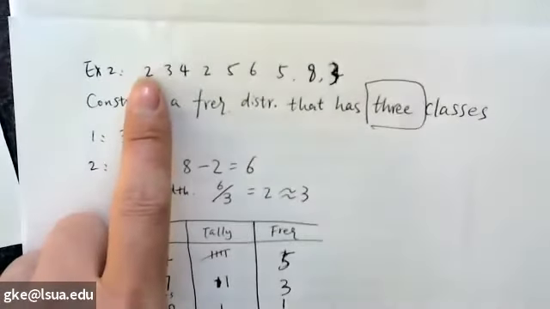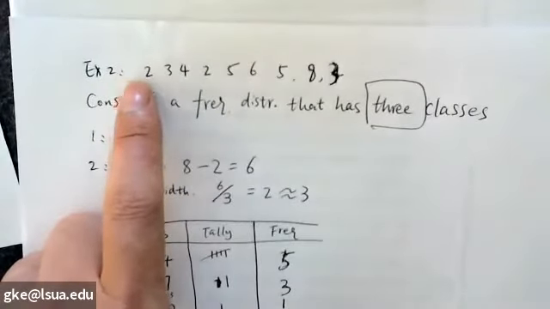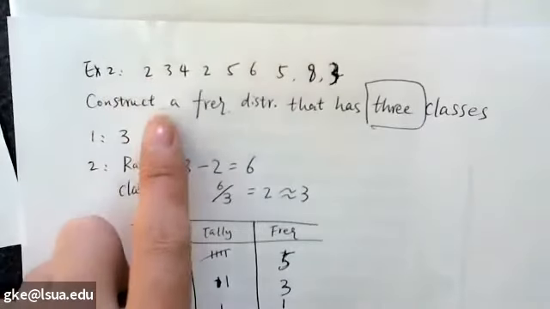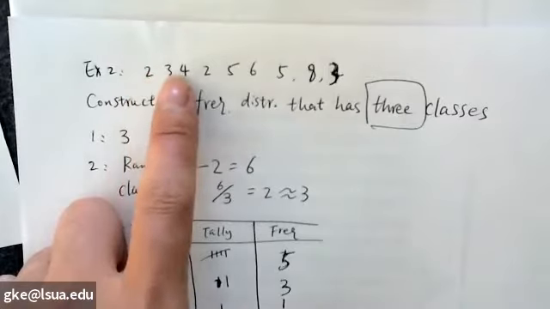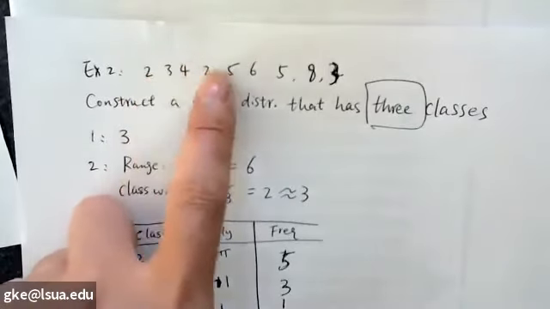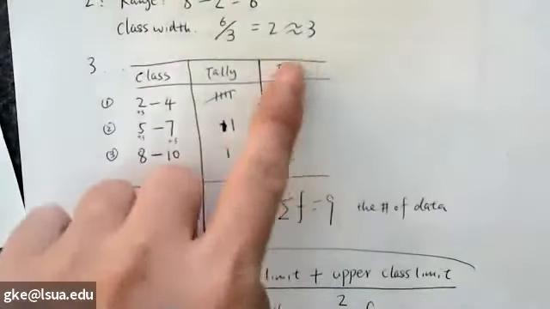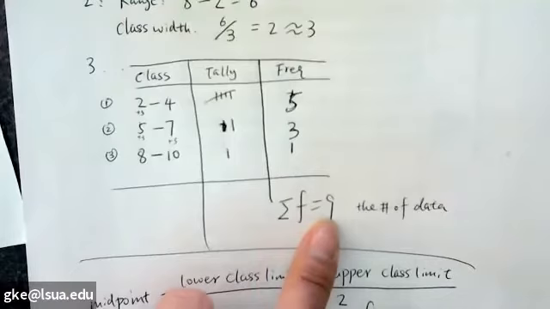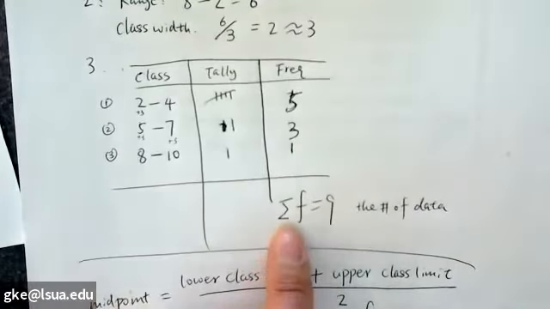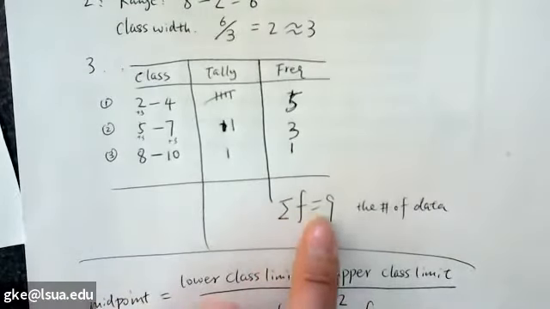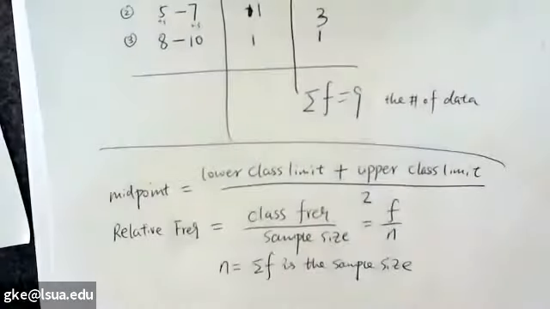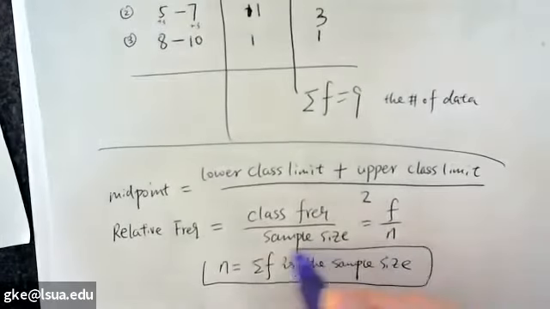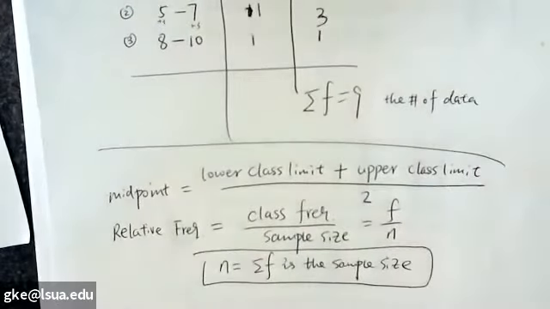For this example, the sample size, the total number of data, is 9: 1, 2, 3, 4, 5, 6, 7, 8, 9, right? And the summation of the frequencies is 9. So we can see the summation of all the frequencies equals the sample size.